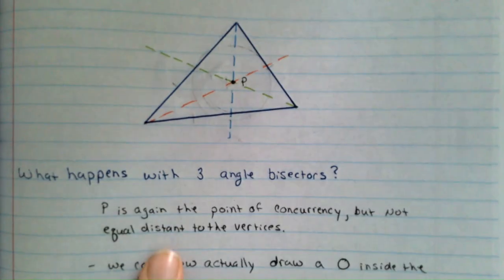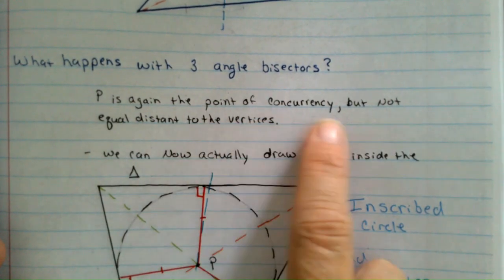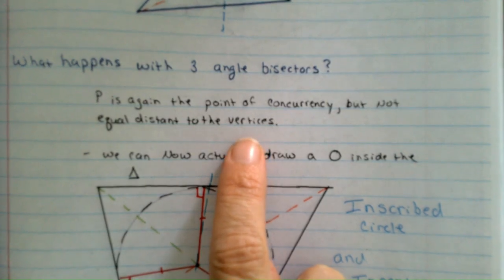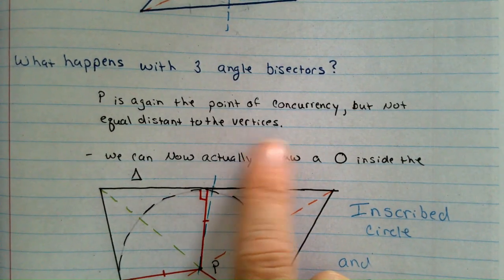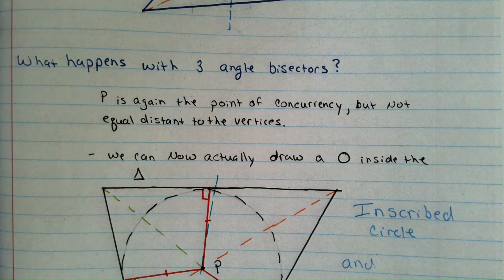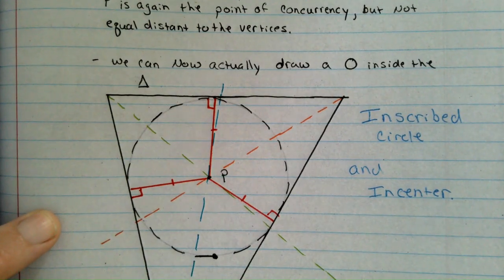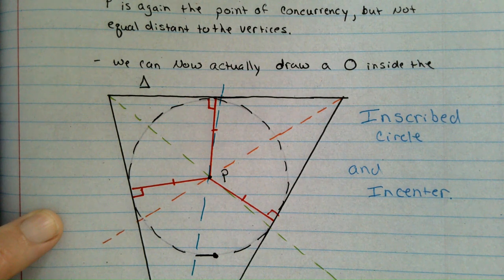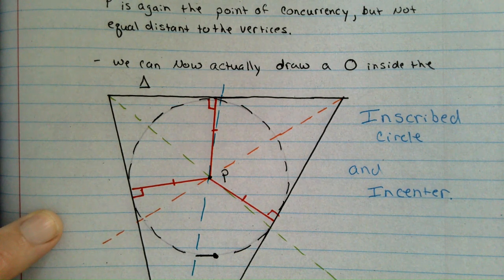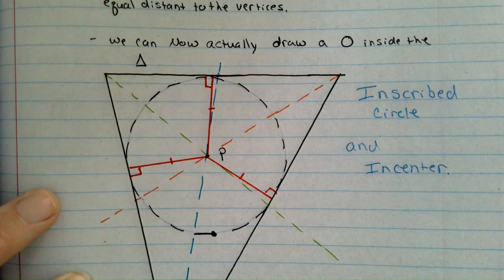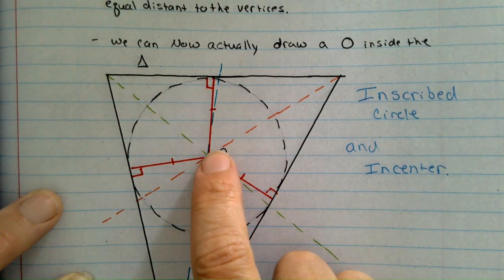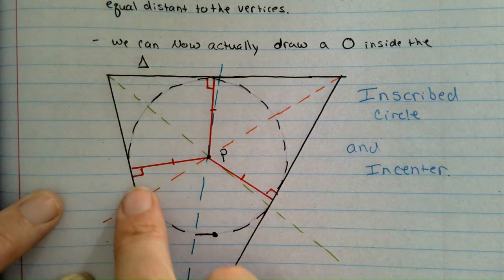And now your point of concurrency is again, but now it's equidistant. The point, but it's not the vertices that it's equidistant to. It's an inside circle, not an outside. And so therefore it's called an inscribed circle, and you have an incenter. And your radius is going to be perpendicular to each side.